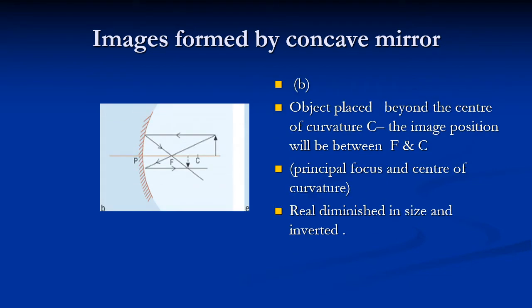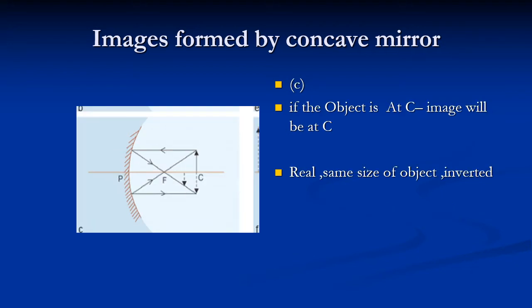Just like that, if the object is placed beyond the center of curvature C, then the image position will be between the principal focus F and the center of curvature C. This is a real, diminished size and inverted image.